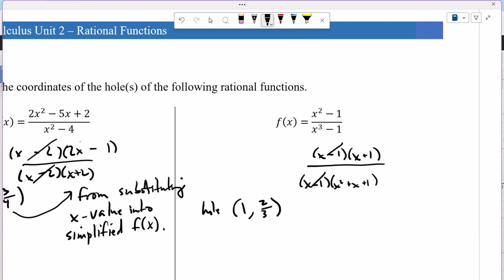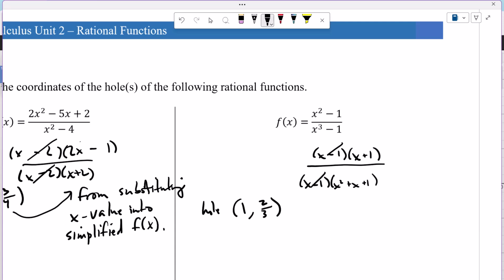Okay, so what are some of the takeaways? One person at a time. Defining horizontal and oblique asymptotes. Top heavy, bottom heavy. For horizontal asymptotes, if it's bottom heavy, the horizontal asymptote is 0.